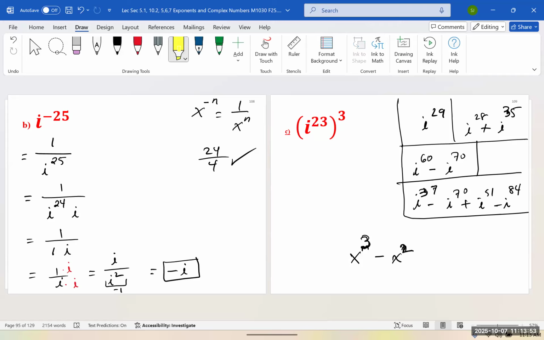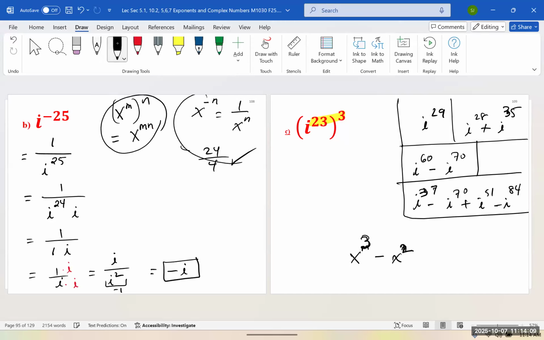Exactly. But what's the exponent rule when you have two powers together? If you have x to the m and x to the n, it's x to the m times n. So see, so many rules.